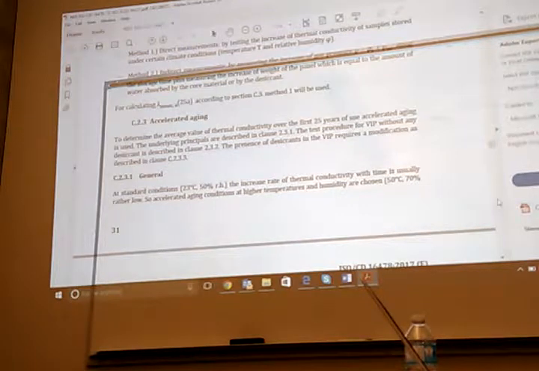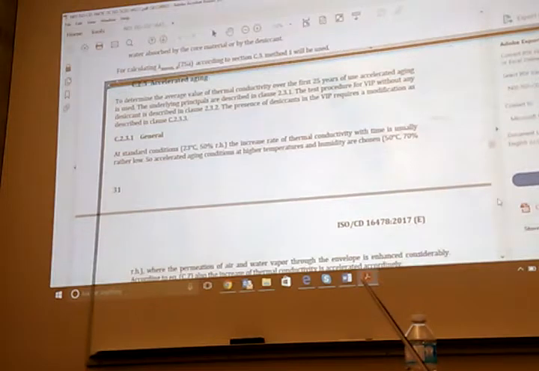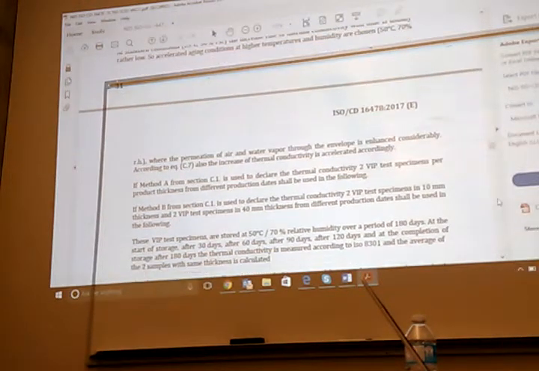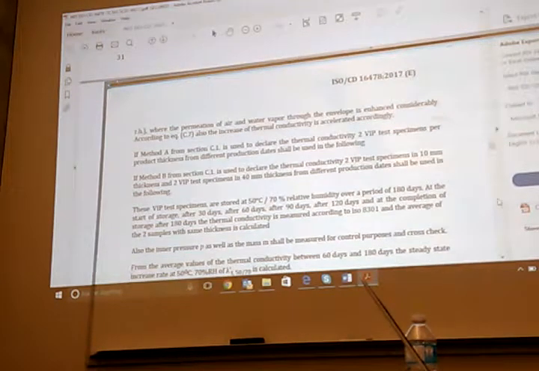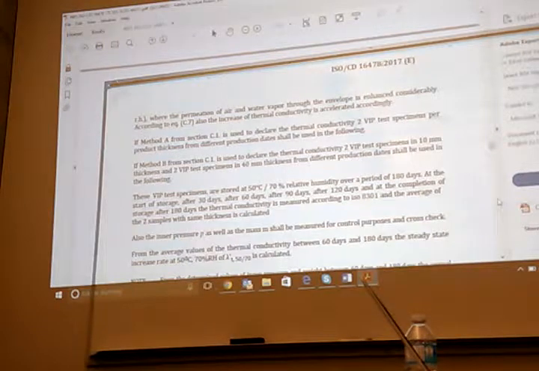As standard conditions, 23 degrees, the increased rate of thermal conductivity over time is usually rather low. So accelerated aging conditions at higher temperature and humidity are chosen, where the permeation of air and water vapor through the envelope is enhanced considerably according to equation C7. Also the increase of thermal conductivity is accelerated accordingly.